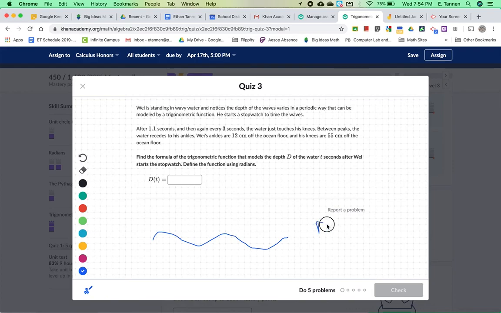So right away, I think that's telling us that the period is every 3 seconds. So that's nice because we know 2 pi over b has to equal 3. So b is just going to equal 2 pi over 3 if you were to multiply by b and divide by 3.